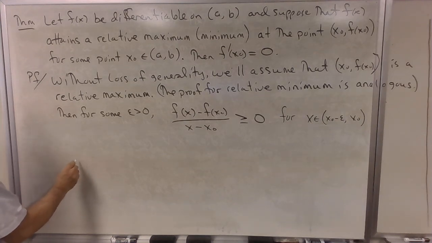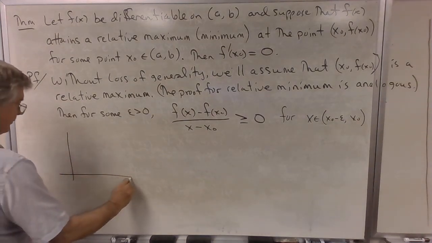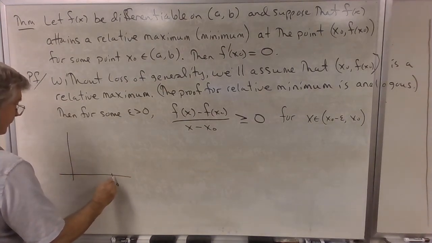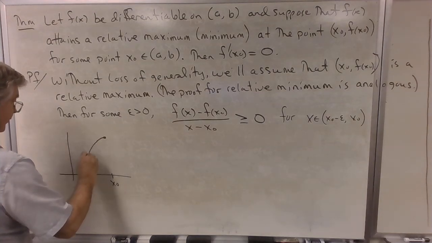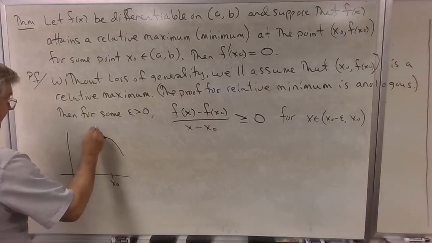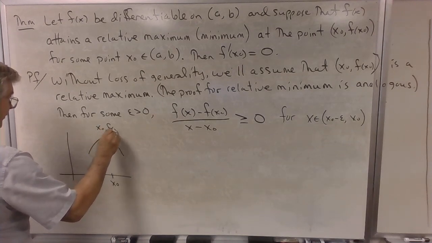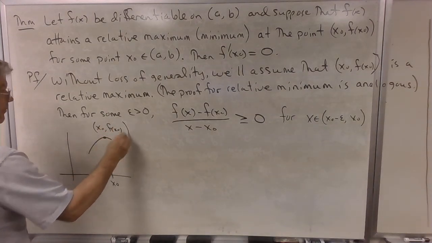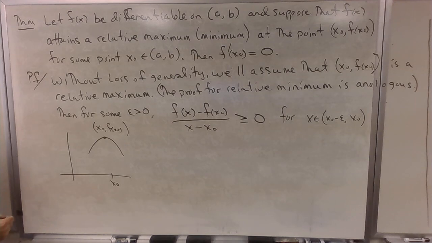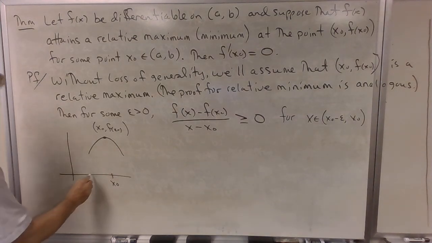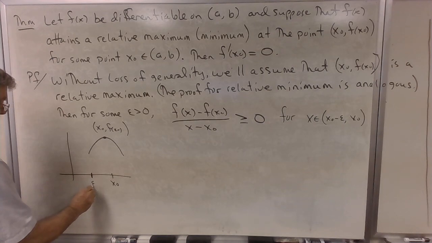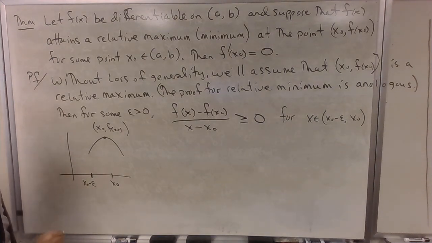So here's a picture of what we're looking at. Let's say that this is x naught minus epsilon here.